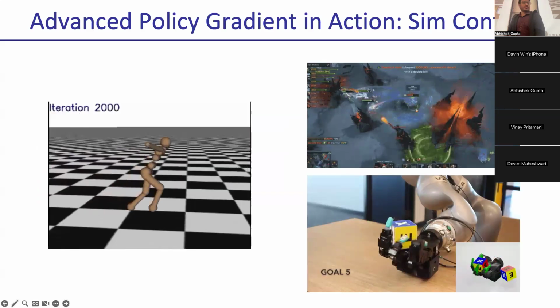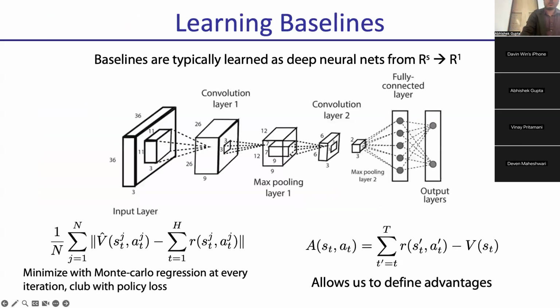So the advantage term, you can draw it from here. If you think of your value function as the average reward under your current policy, your advantage is telling you how much better your current trajectory is than your average.